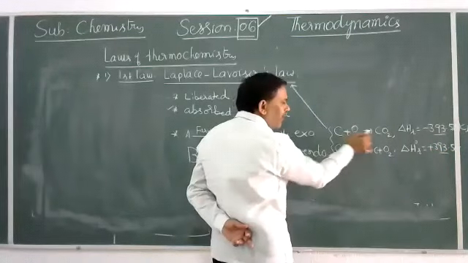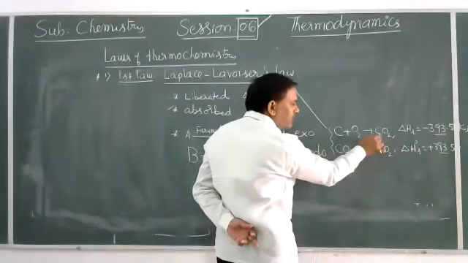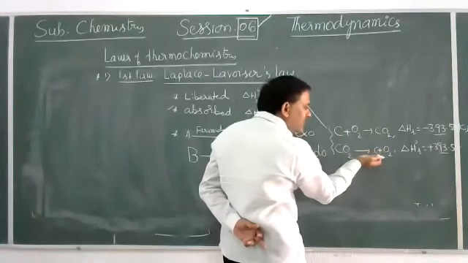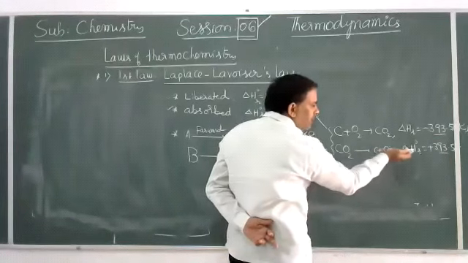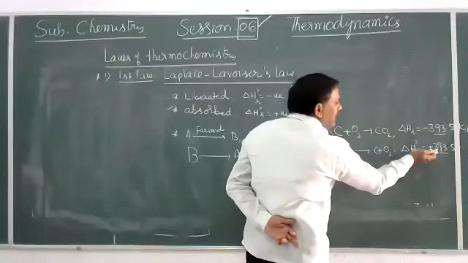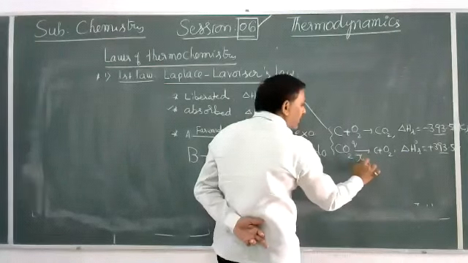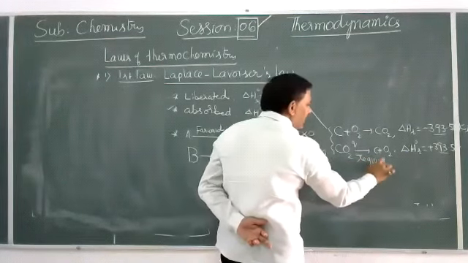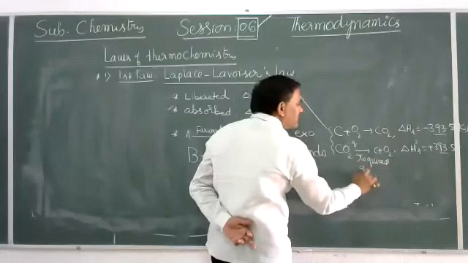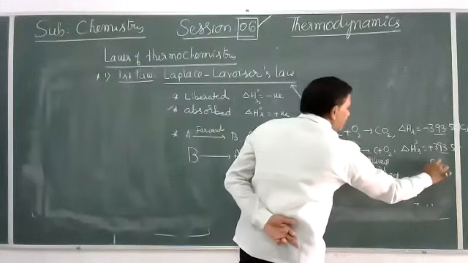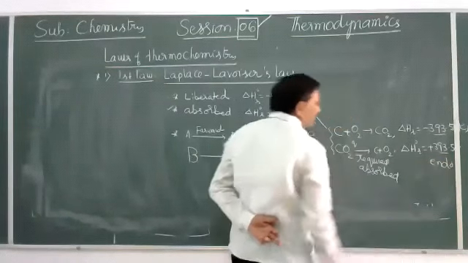Same chemical reaction, formation of CO2 or the reaction of CO2. When it is reversed, CO2 to C plus O2, it gives plus 393. It means here heat is required. Heat required means heat is absorbed. Hence it is an endothermic reaction.